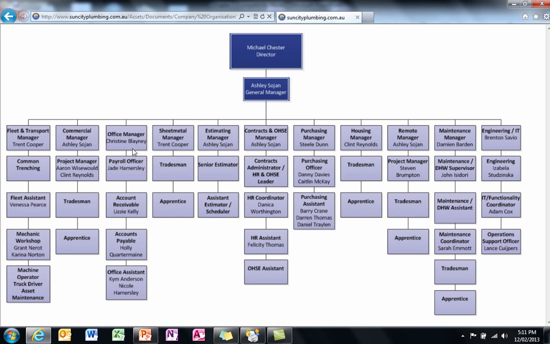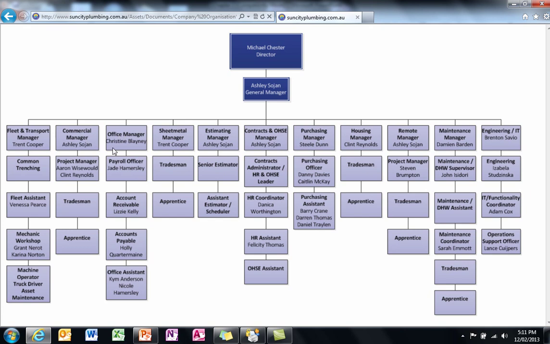This office manager is responsible for the payroll manager. The little lines here in between the people are lines of communication. So the office manager is the boss of the payroll manager, who is the boss of the accounts receivable, this Lizzie Kelly person, and then the accounts payable person, Holly, and then Kim and Nicole are down here as the office assistants.